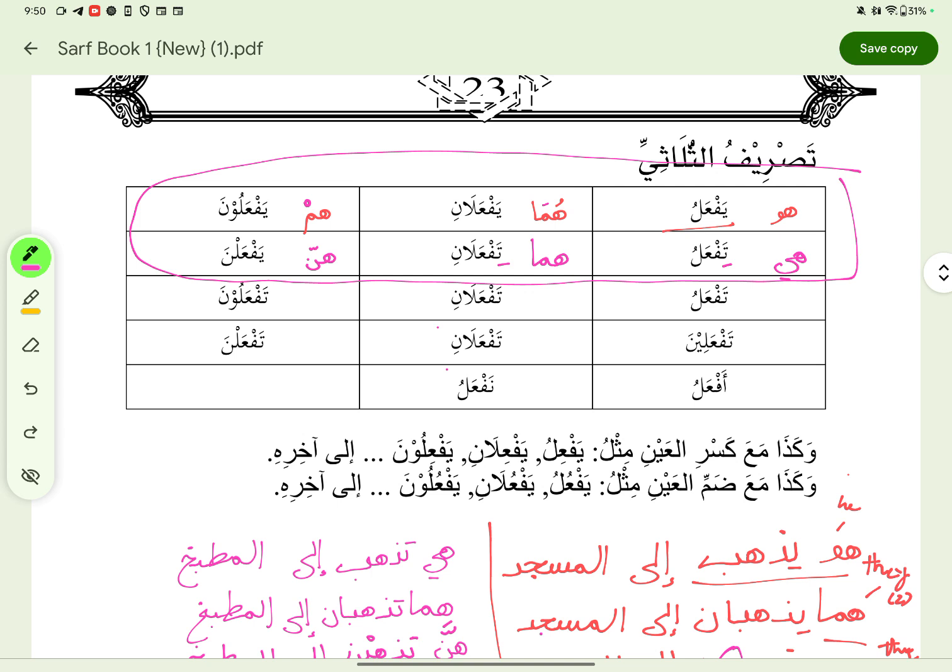Do يقرأ. هو يقرأ. هما يقرأان. هم يقرؤون.